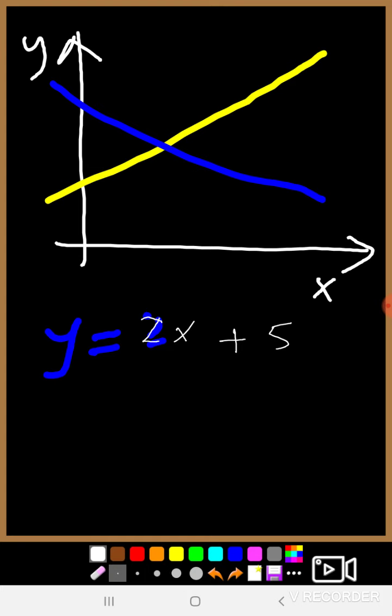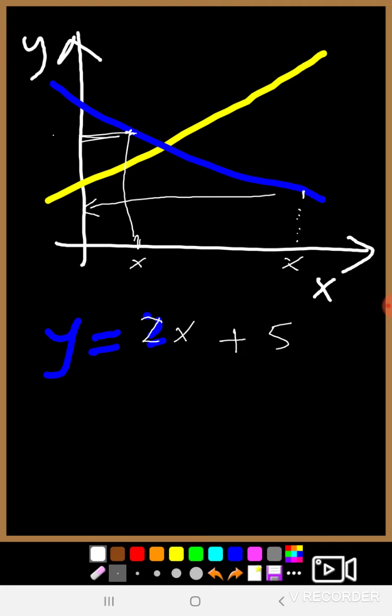If you look at the other line, it's the opposite, because we see that as the value of x increases, like we are here, this is a big value of x, you see the y is lower here. When x was smaller here, much smaller than this one, it has a bigger y here.